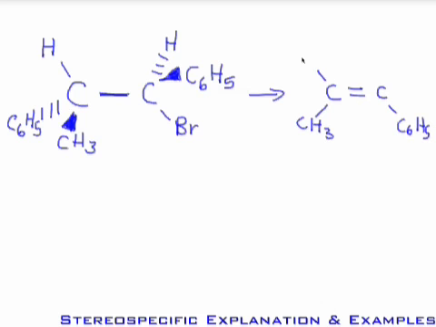The other C6H5 that has the dashes is going to be on the same side as the H. When I prioritize, C6H5 is higher priority than H, carbon's higher, and if I follow the carbons, C6H5 is higher priority than CH3. My two high priority groups end up on opposite sides, so this is E. If you check the chirality, this center is R, that one's S.